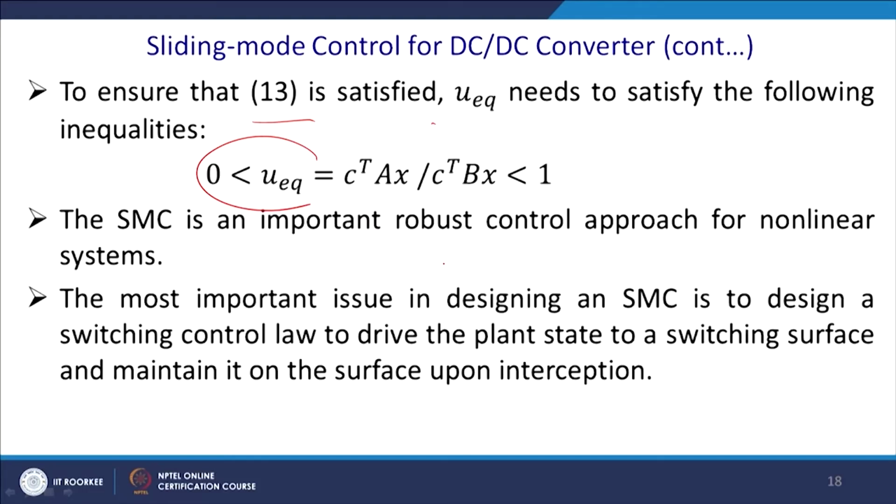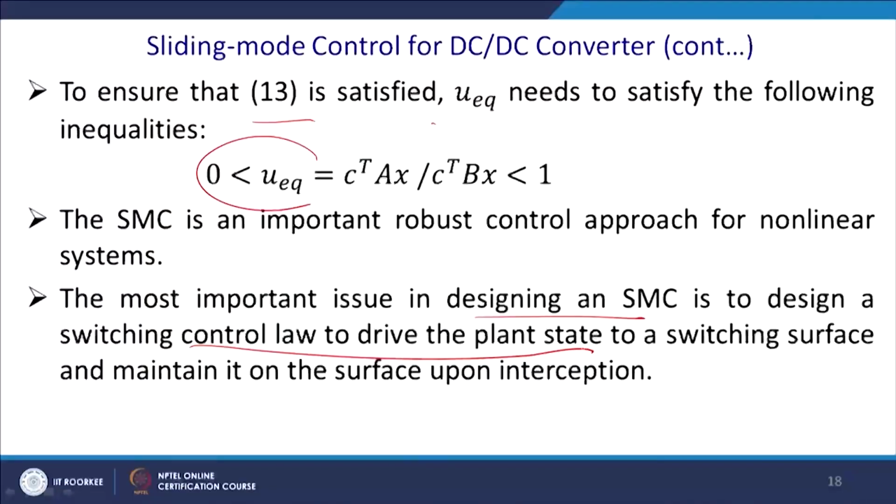There are so many methods and I have chosen one of the very typical and very interesting control techniques. In a DC microgrid also, you can apply a lot of control techniques, or you can analyze the system, or you can enhance the stability by designing proper control logics. And a more important issue in designing the SMC is to design the switching law, or the sliding surface, as we generally say.